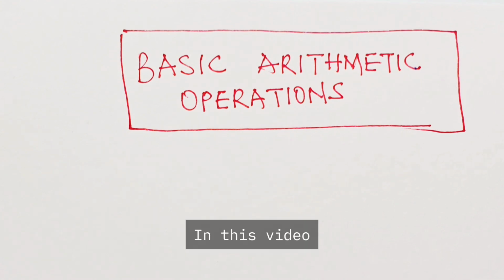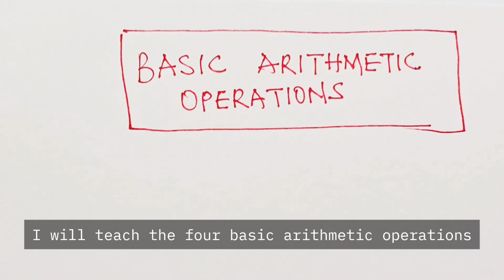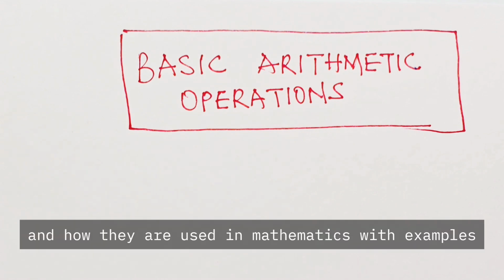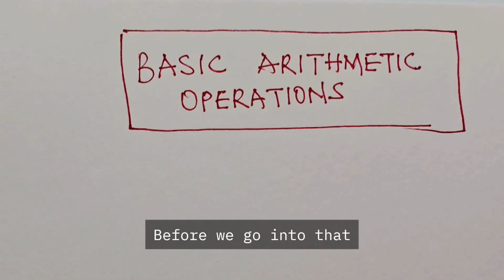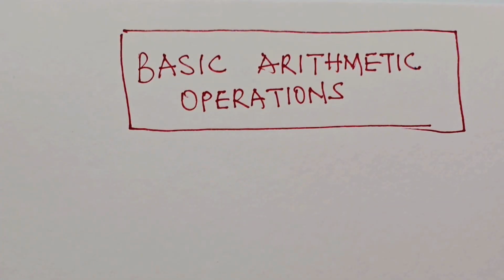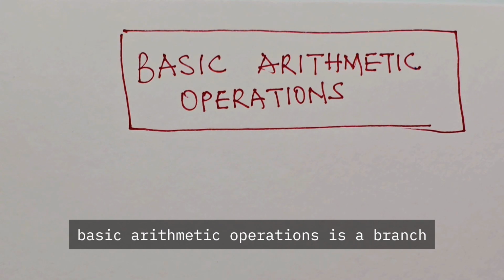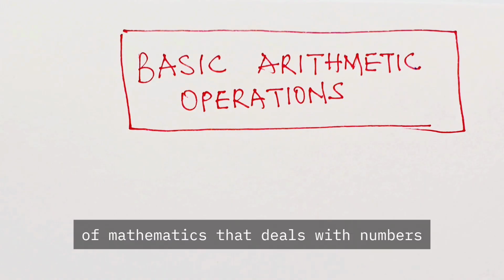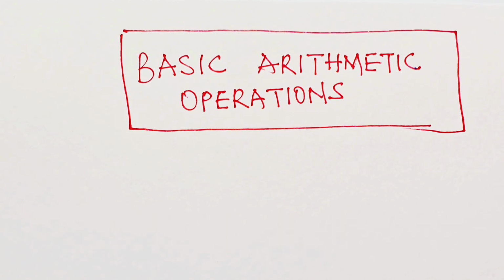In this video, I will teach the 4 basic arithmetic operations and how they are used in mathematics with examples. Before we go into that, basic arithmetic operations is a branch of mathematics that deals with numbers.